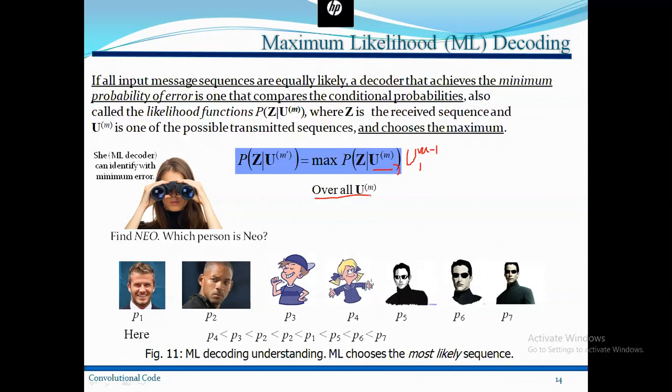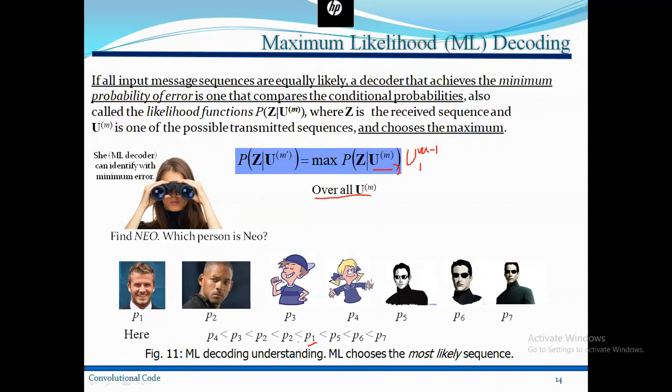So, for example, if we are looking for a person, Neo, the maximum likelihood sequence for finding this person is the one where the probability P1 is higher than the probability of this other person.